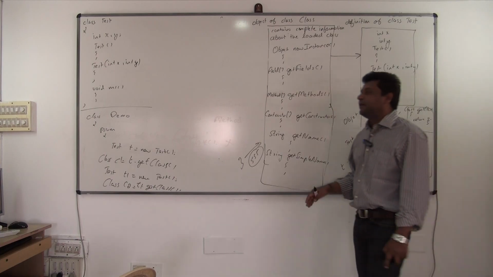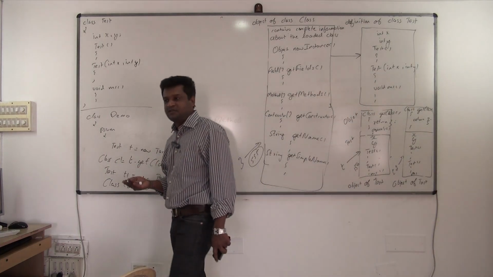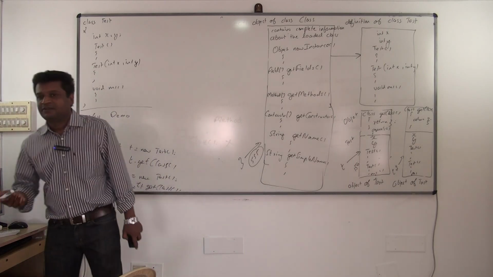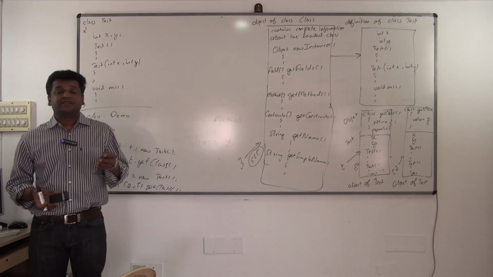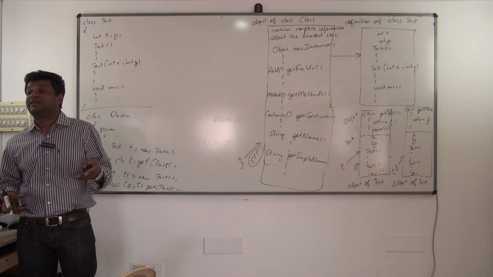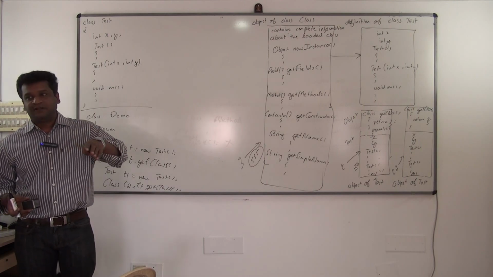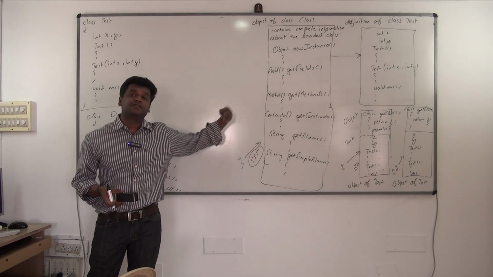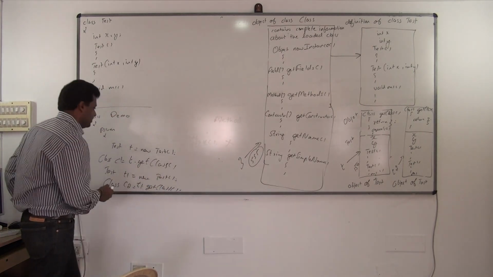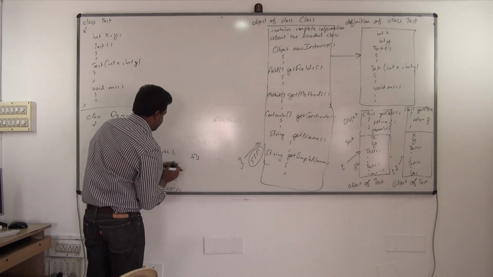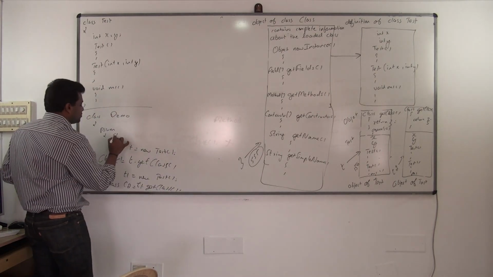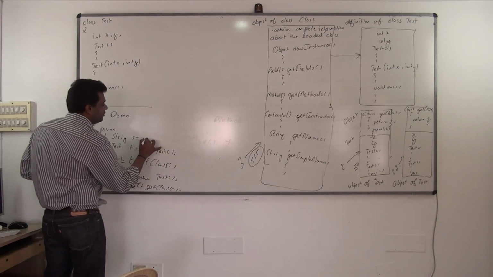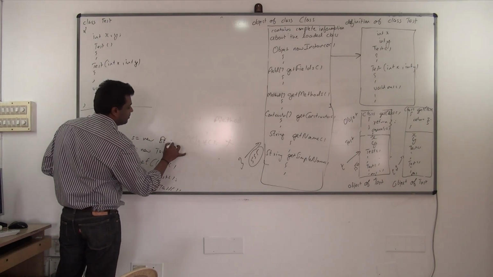Understood? Similarly, I can create other objects. String S1 is equal to new String, String S2 is equal to new String. As soon as I say it the first time, the String class is loaded, and one more class object gets created which will contain complete information about String. I'll write here String S is equal to new String of hello.